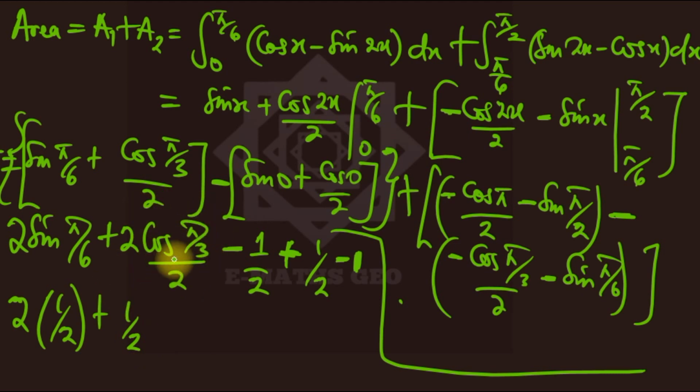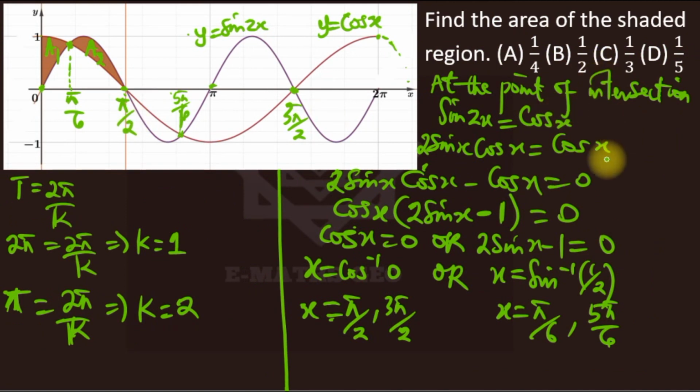So the half, we are left with 1 over 2 minus 1. So the answer is half. So our answer is half because this is 1. 1 minus 1 gone, so we are left with half. So that's it. The answer is option B. That's our answer, option B.